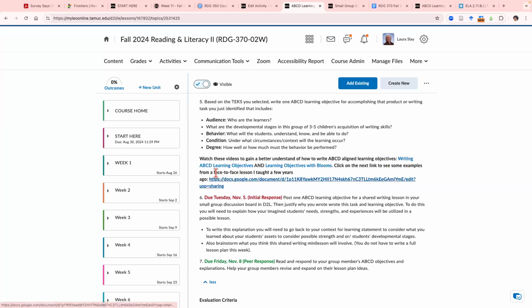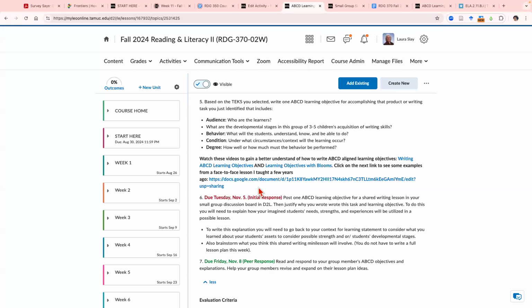So the writing objective, ABCD learning objectives is a professor who walks you through the process. And it's a little cheesy, but it's kind of fun because she pretends she has a classroom. So I like the way that she was able to make this fun and yet really take that process of what ABCD means.